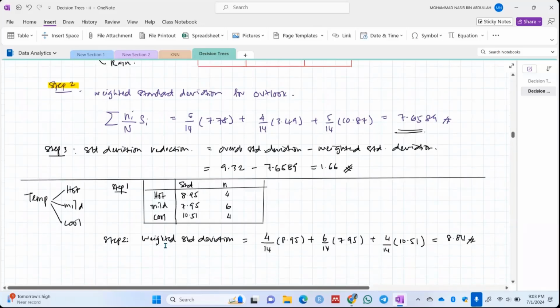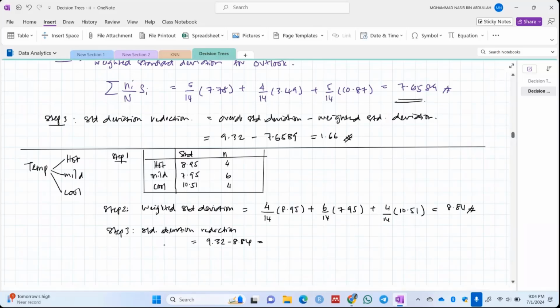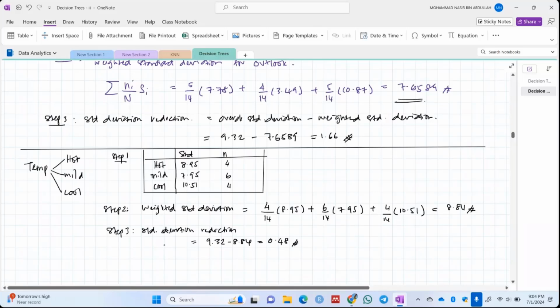Right? And then step number 3, standard deviation reduction. 9.32 minus 8.84. This is equal to 0.48. Okay. So this is number 2.